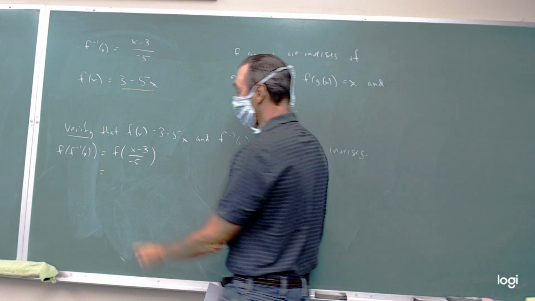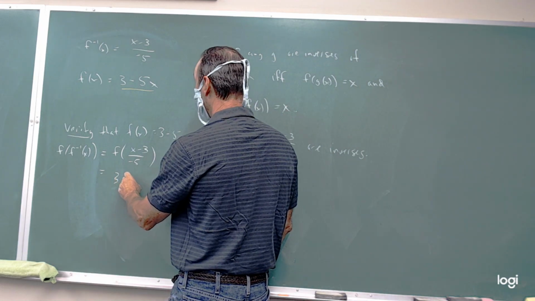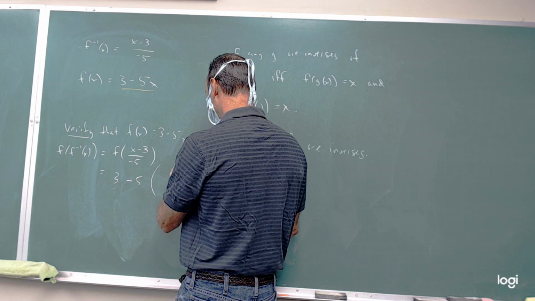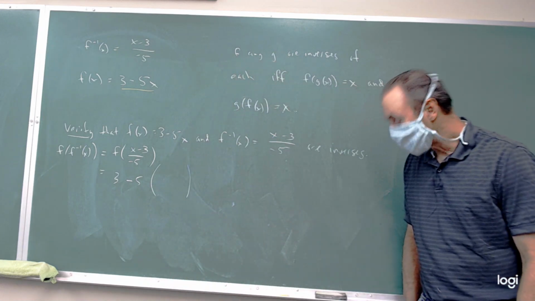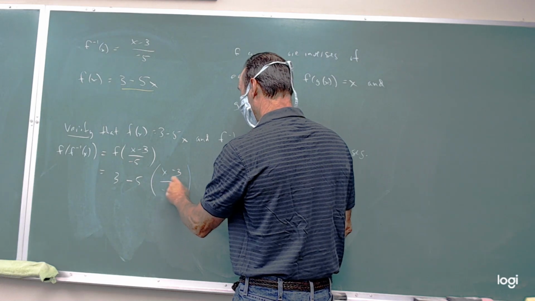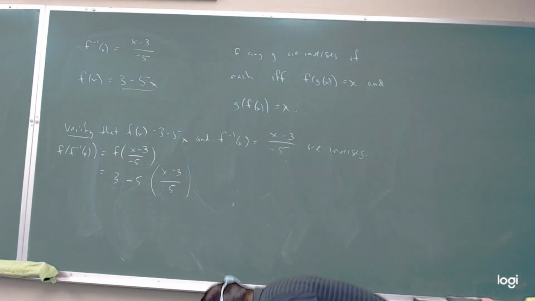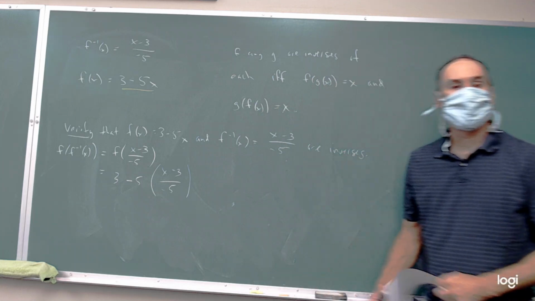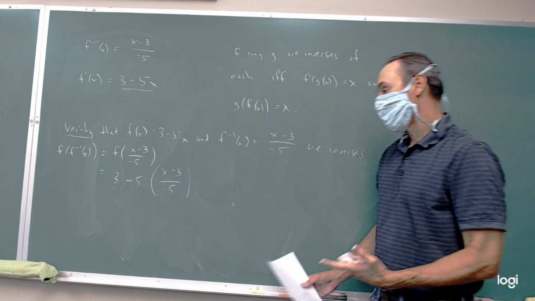So that's going to look like 3 minus 5 times, and now here comes our x minus 3 all over negative 5. We okay so far? Now, we got to go step by step.